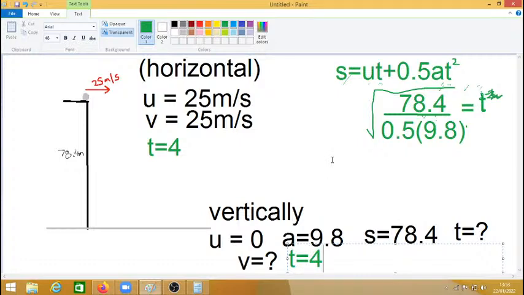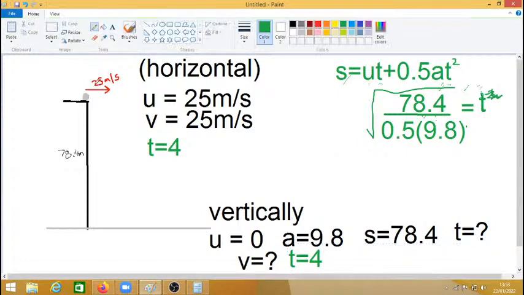Fantastic. Okay, the next part of this question is to figure out the horizontal distance traveled in that time. So if you imagine it's going to hit the ground maybe about here, what we want to know is what's the horizontal distance? How much distance has it covered horizontally?